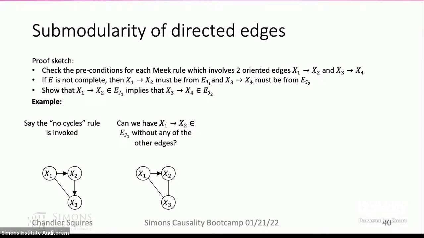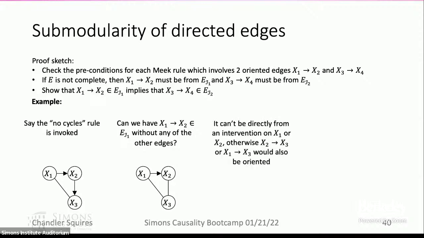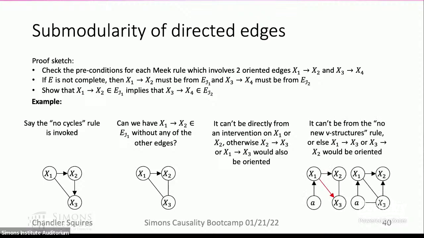Okay, so let's say it's just this edge that's in this first set. Well, we know this edge can't have been directly from an intervention, because if we got it from intervening on x1, then we would have also gotten this edge. And if we were to get it from intervening on x2, we'd have also gotten this edge. So that's ruled out. And now we have to check if it's from any of the other meek rules. So there's 2 layers of meek rules that we have to check here, which is why this gets pretty tedious.